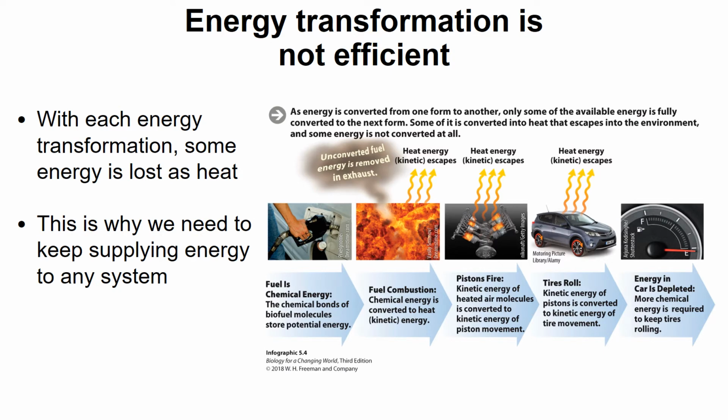So whenever we go from one type of energy to a different type, some of that energy is lost as heat. And this is why, for example, in the case of us humans, we have to keep eating in order to replenish the energy that was lost as heat.